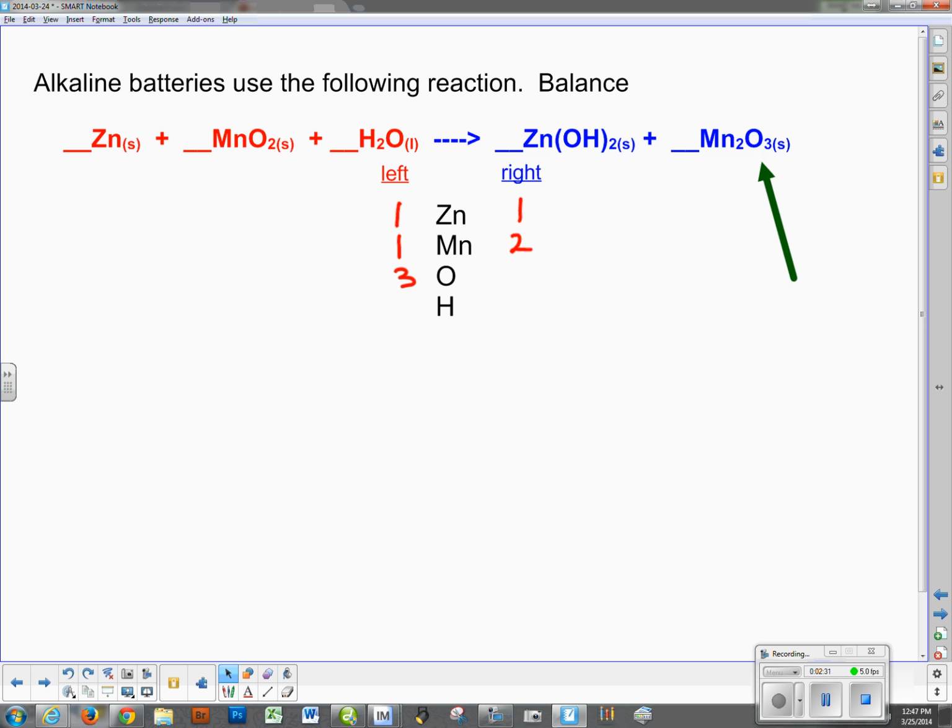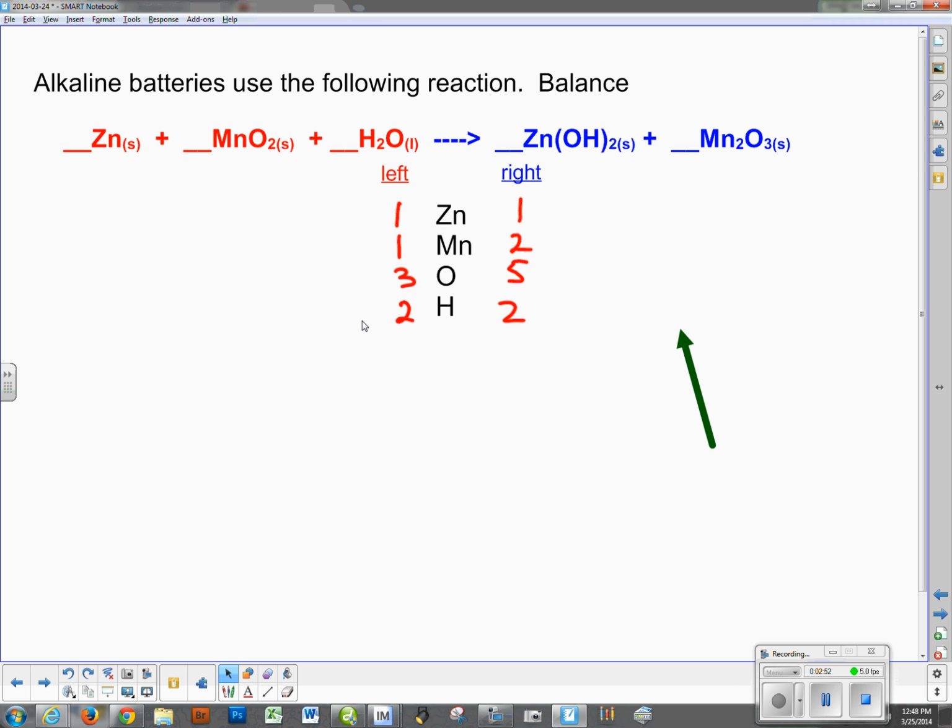So 3 and 2 gives us a total of 5 oxygens on the right. And then we go to the hydrogens, and on the left side here we see a 2. Over here we see 2 times 1, which is 2. So our hydrogens are actually balanced.